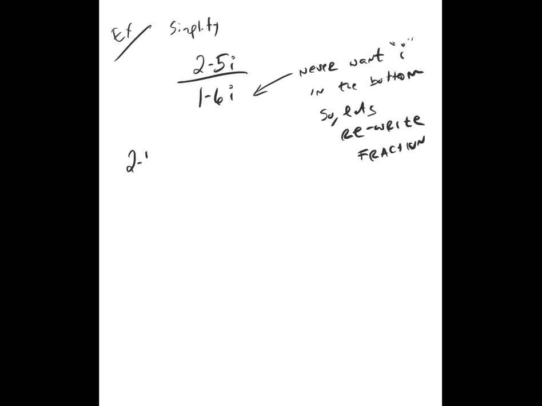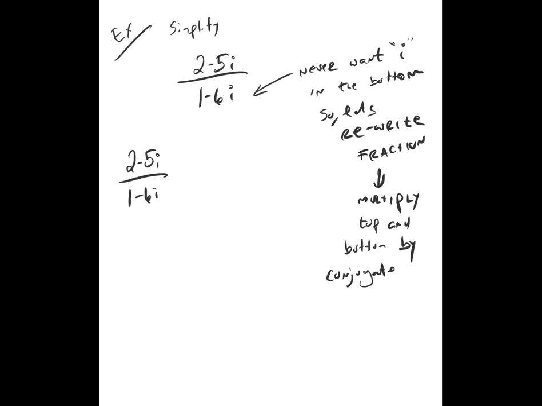What we do, how do we do it? We multiply top and bottom by the conjugate of the denominator.